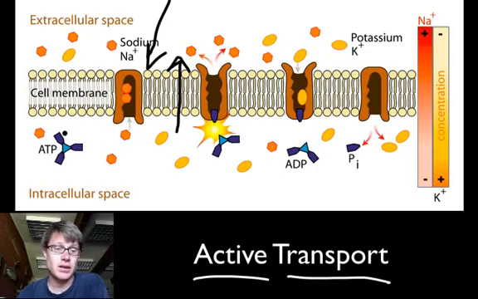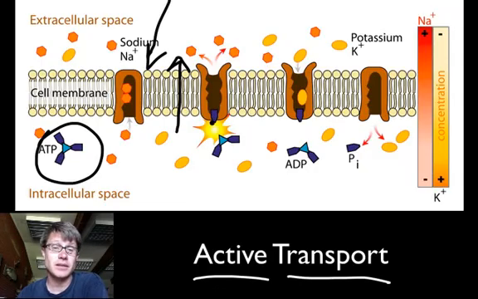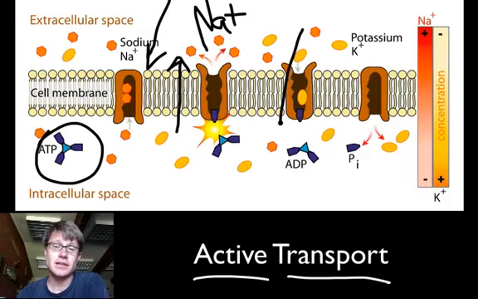And so you can see right here that we have adenosine triphosphate that's attaching a phosphate to the sodium-potassium pump, and as it does that, it causes a change in the shape, which is moving the sodium to the outside. It's moving the potassium to the inside, and then we have to use more ATP to do that. And so it's a constant supply of energy required to maintain that sodium-potassium pump.